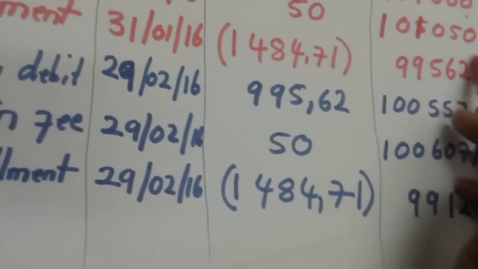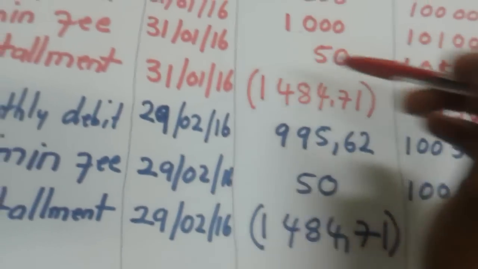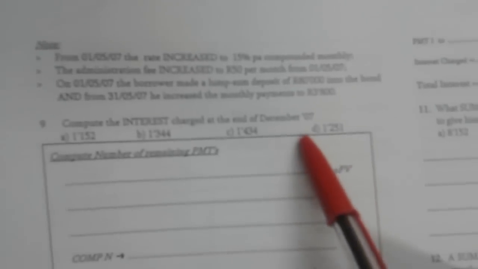So of course, this becomes the opening balance for December, the closing balance for November. So, having said that, for us to answer this question, we need the balance at the end of November. There it is, balance at the end of November. But there's no need to be told this. You need to know this on your own without these hints.